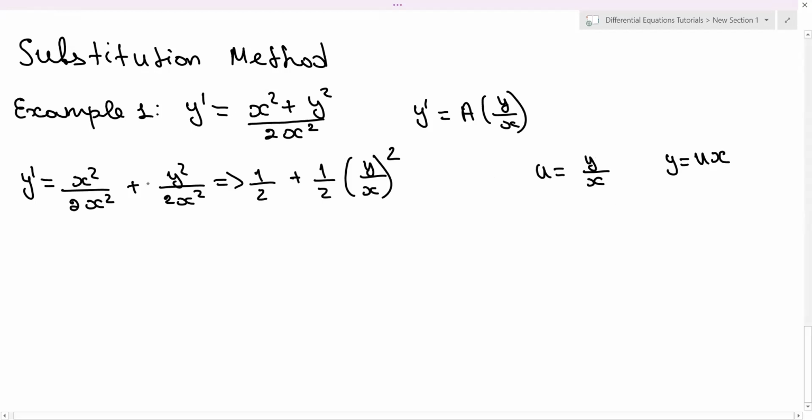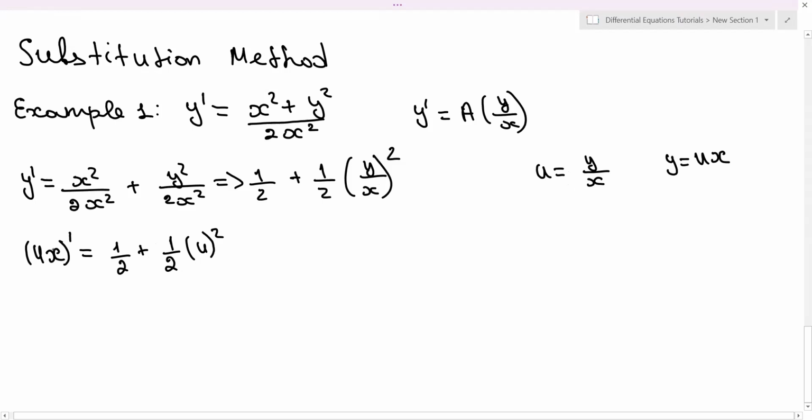We have y prime here, so instead of y prime we take the derivative of u times x. Instead of y prime we write (ux) prime, and we have 1 over 2 plus 1 over 2, and instead of y over x we use u, so we have u squared.